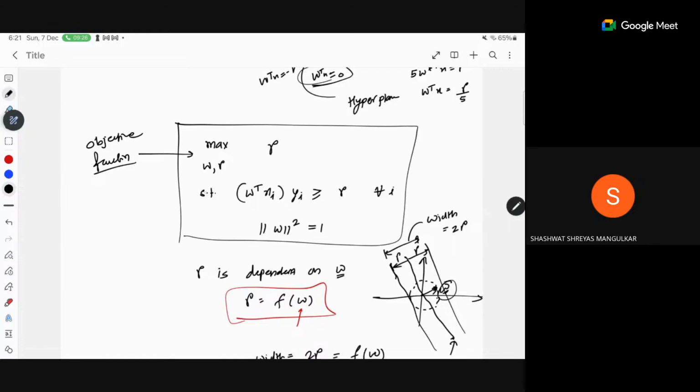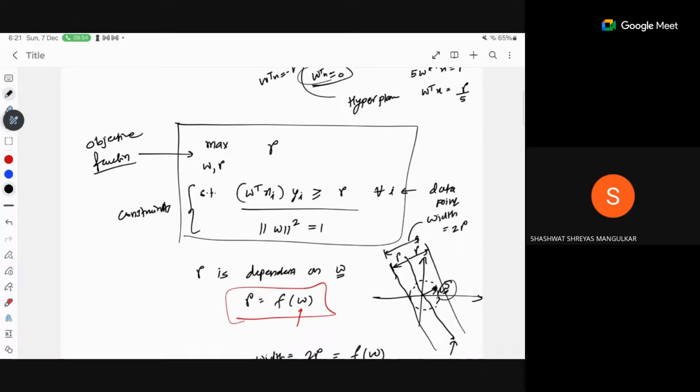And such that what are the constraints? We put these constraints. What is this constraint? For any data point i, for all data points, W transpose Xi Yi should be greater than or equal to gamma. Is that correct?